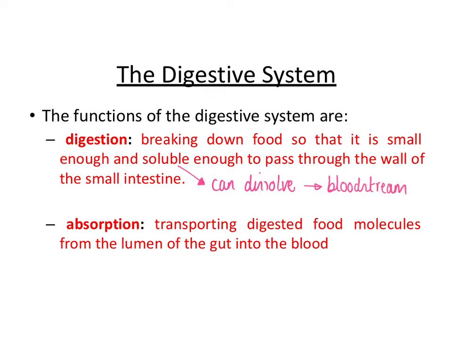Absorption is transporting digested food molecules from the lumen of the gut, which is part of our small intestine, and into the blood.